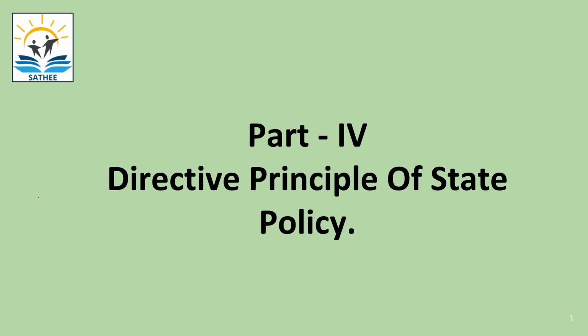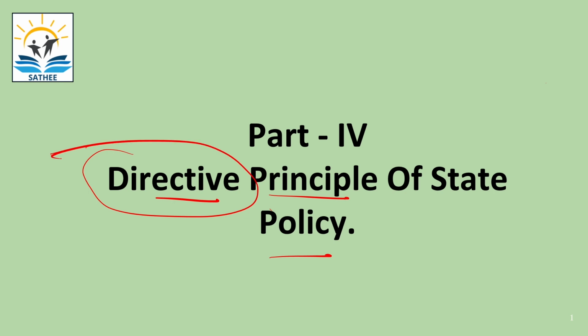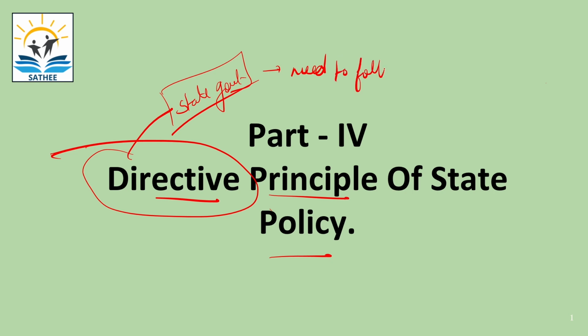So let's come back and discuss what exactly the directive principles of state policy are. First we need to understand that directive principles of state policy are nothing but a directive given to the state governments, which they need to follow in order to make laws.